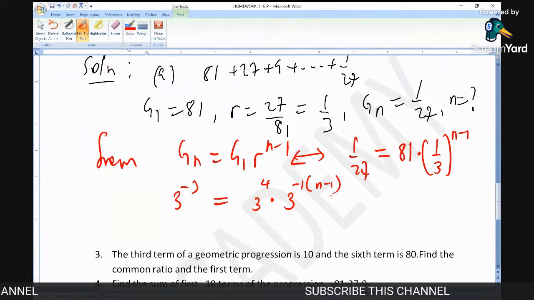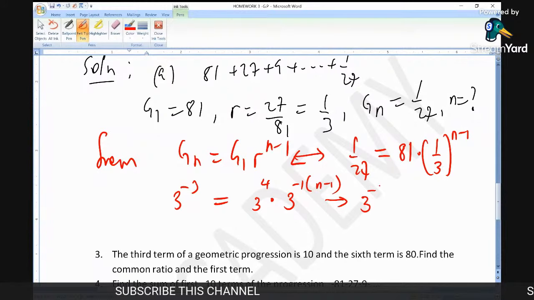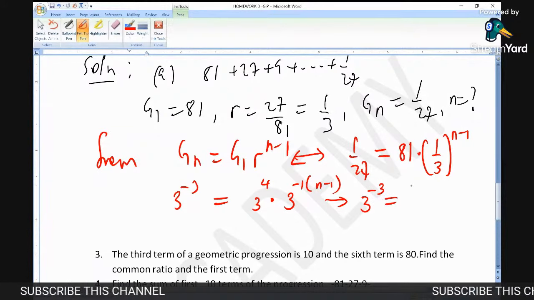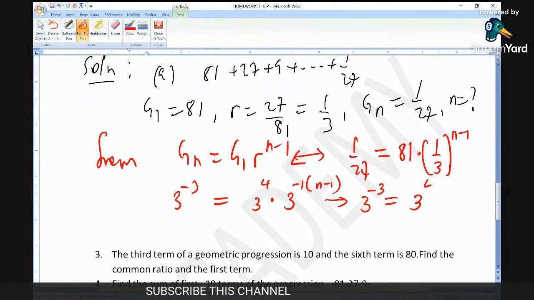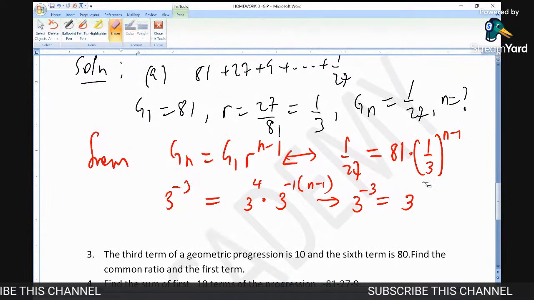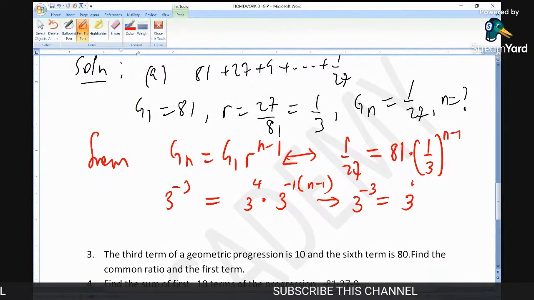We are going to combine them, and the result will be 3 power negative 3 equals 3 power 4 minus n plus 1, so it is 3 power 5 minus n.